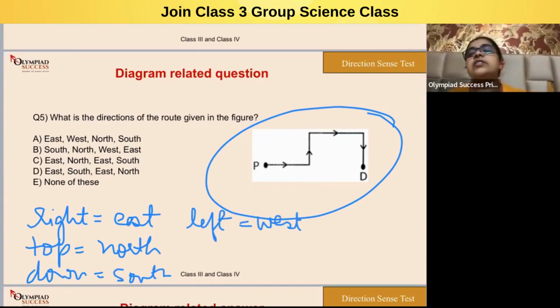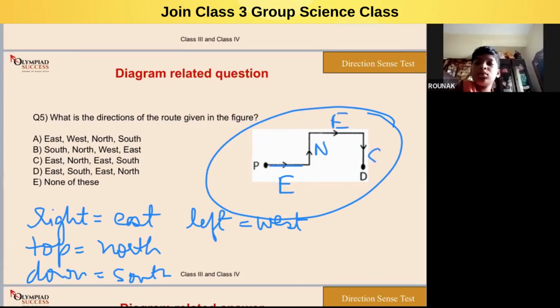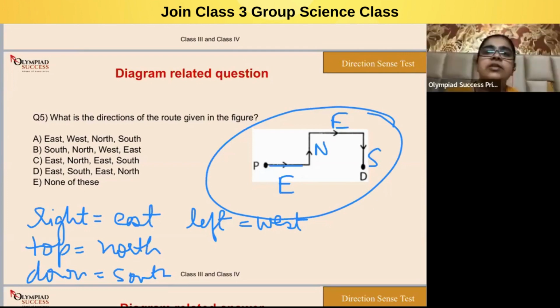So using this, if we are moving to the right side, it is east. If you are going up, it is north, going east and going south. Okay, Ronak?